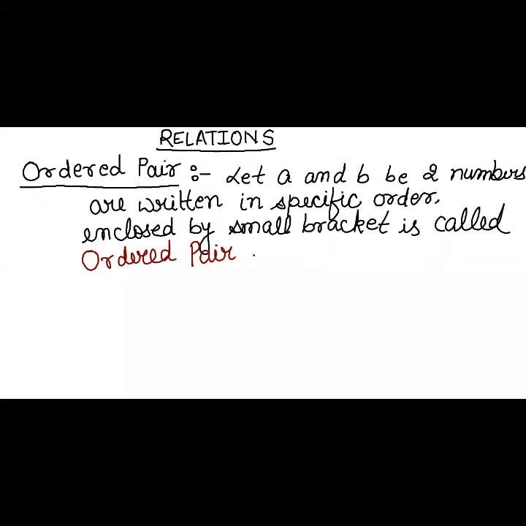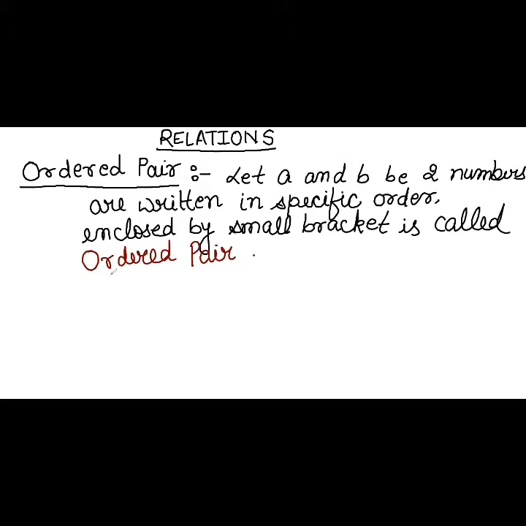So we'll start relations. In a relation, the first and foremost thing we have to understand is the ordered pair. Ordered pair: let A and B be two numbers written in a specific order. In a proper order we have to write these two numbers A and B, enclosed by small brackets, and this is called an ordered pair.